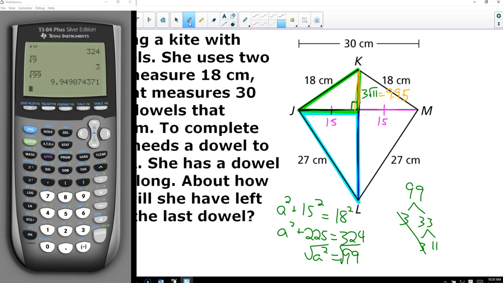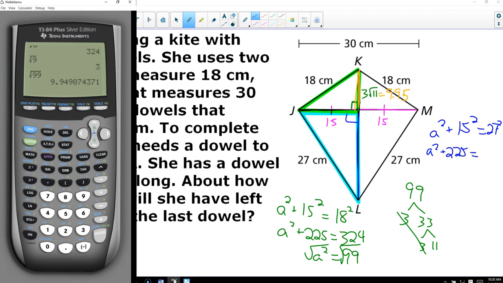So now here in blue, I'm going to do the same thing. So a squared plus 15 squared equals 27 squared. Because again, this is another right triangle. So a squared plus, whoops, sorry about that. 15 squared is 225.